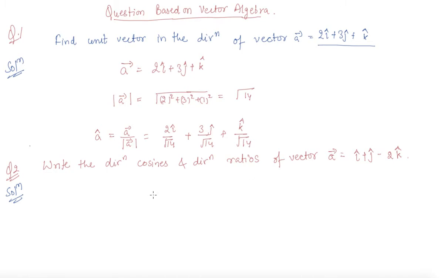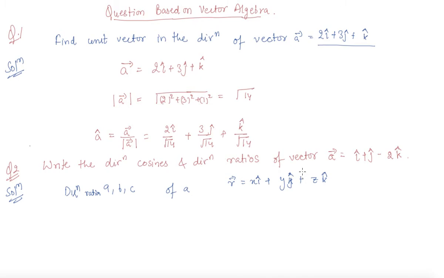So note that for a vector, the direction ratios a, b, c are given by the coefficients of xi cap plus yj cap plus zk cap, just the respective components of the vector.